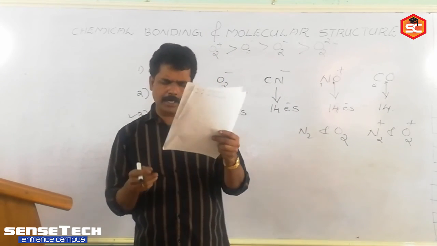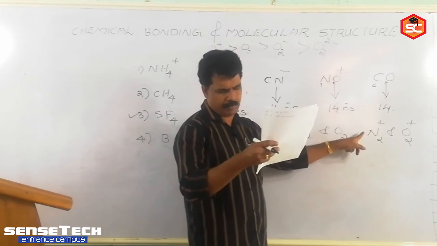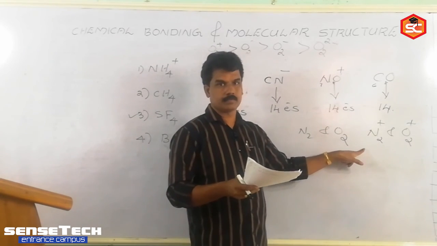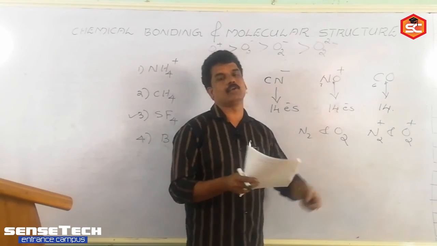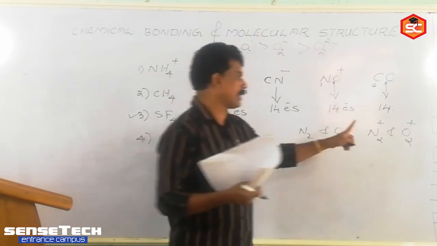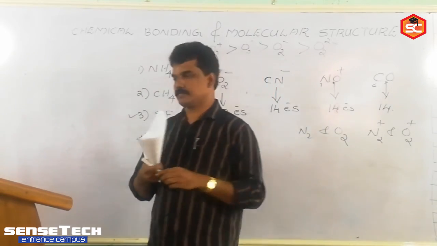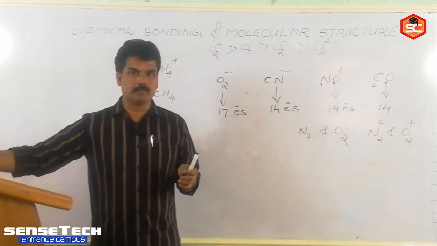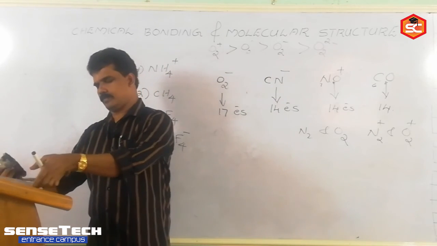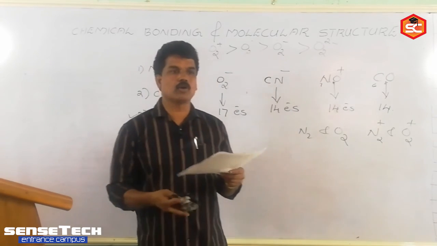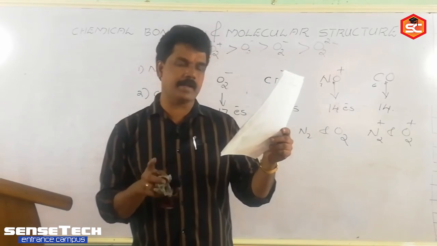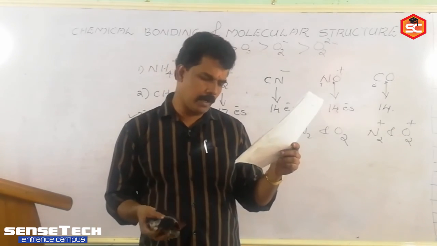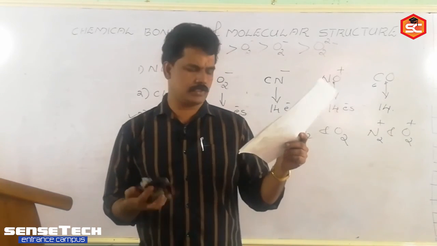Then the fourth option: N2 plus becomes diamagnetic. N2 plus is not diamagnetic, it is paramagnetic because 1 unpaired electron will be there. Have you noted all the options? First, in N2 plus the NN bond weakens.